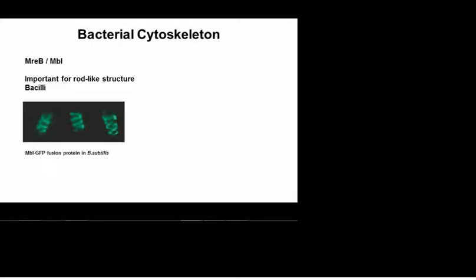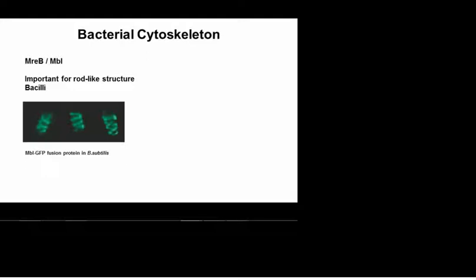So what is the function of MreB-Mbl? It's what pulls the bacterium out into a rod-shaped form. So of course, cocci do not have these proteins. They're spherical.